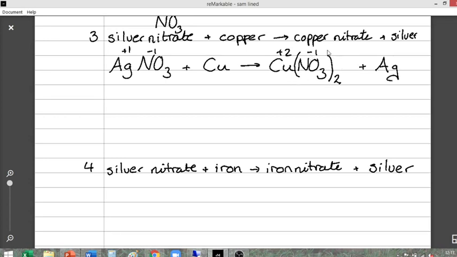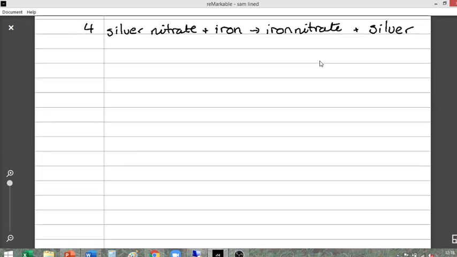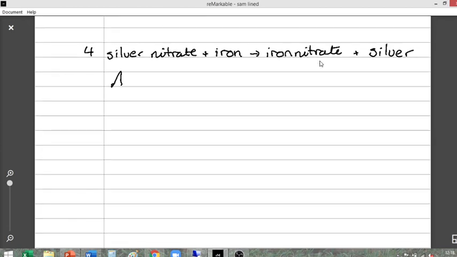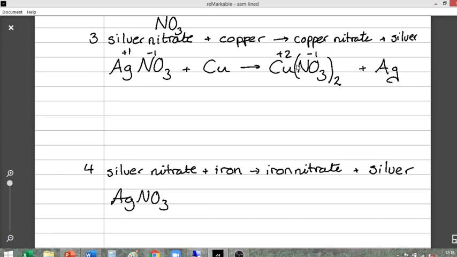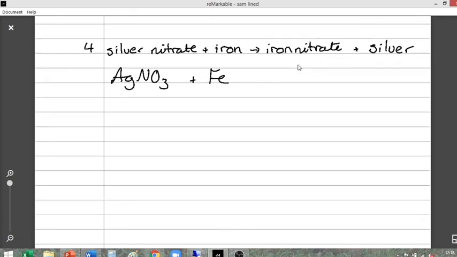That section there is higher level stuff. If you struggled with that, that is fine. That is normal. We'll talk about that properly another time. And then question 4, here we go. Silver nitrate, AgNO3, exactly like we had for question 3, plus iron, elemental form, capital F, little e, is going to make iron nitrate, Fe.